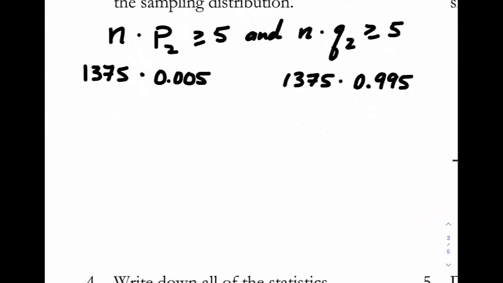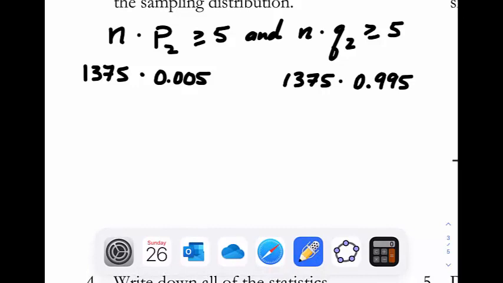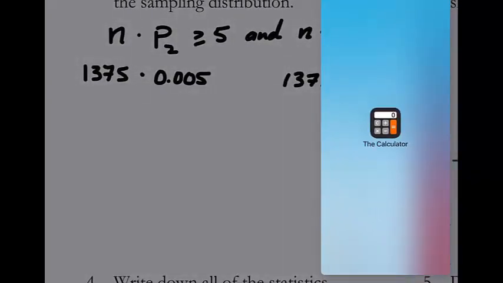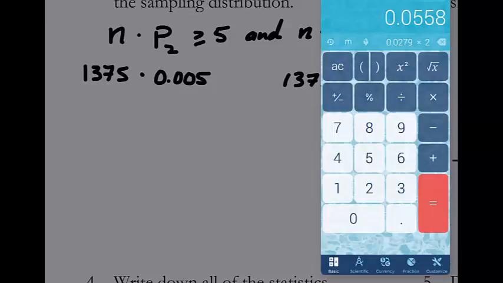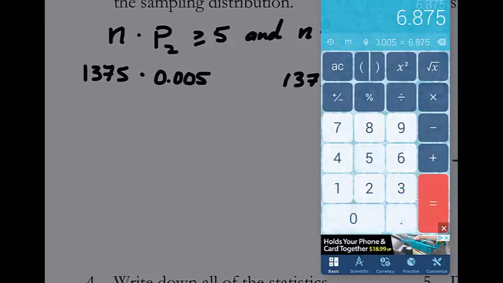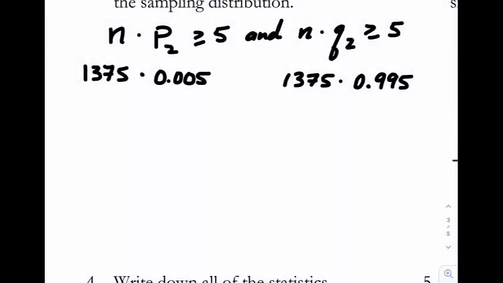Let's grab a calculator and multiply. 1375 times 0.005 is 6.875.